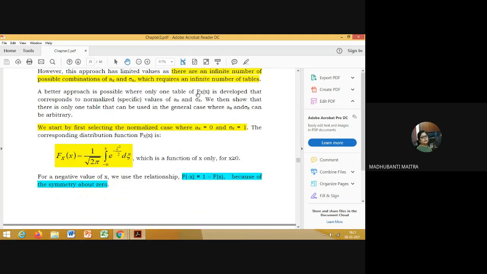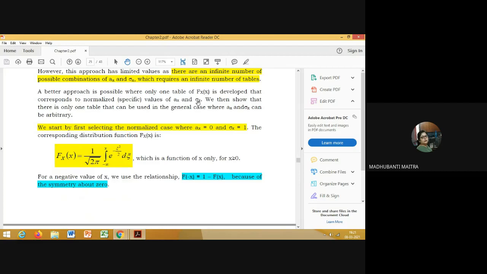If we go for some kind of normalization, then it might be possible that one single table would suffice to find out the value of F_x for a given x. So a better approach is possible where only one table of F_x is developed that corresponds to normalized or specific values of a_x and sigma_x.